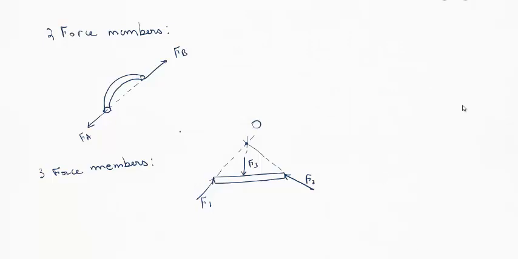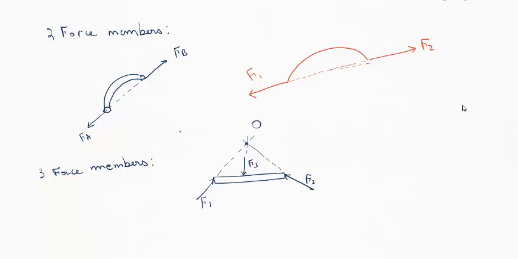Now the final thing I want to talk about is two-force members and three-force members. So let's say we have a link like this, with two forces at the end, F1 and F2. Now for this rigid body to be in equilibrium, F1 and F2 have to be in the same line of action, but in opposite directions.